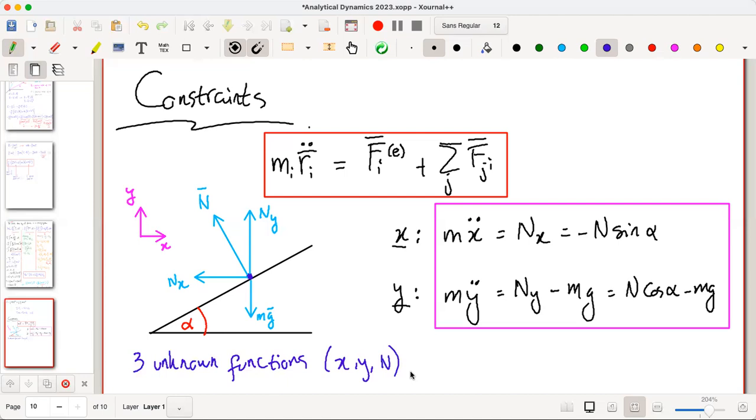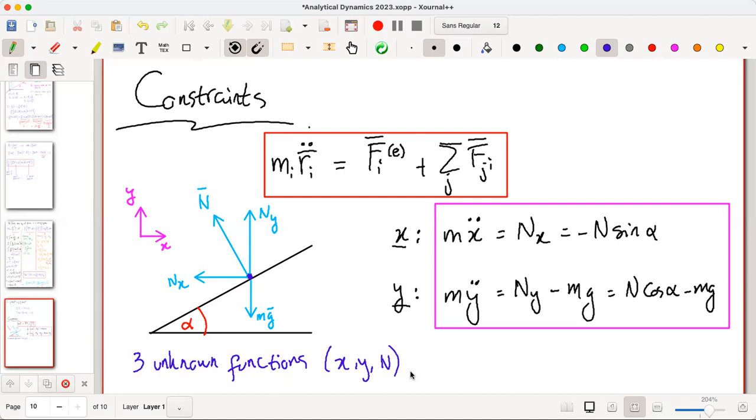Well, apparently this simple problem is an undetermined problem, seemingly. But if we look closer, there is one piece of information that we haven't actually used.